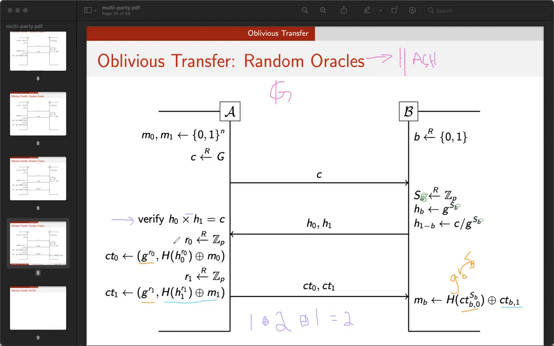She picks a random value and raises the generator G to that random value. Then she raises H to that random value, hashes it, and applies an exclusive OR to it against M. Then she does the same thing with H1, with another random value and another ciphertext, and sends that back over. Does that help, David? Or do you have another question?